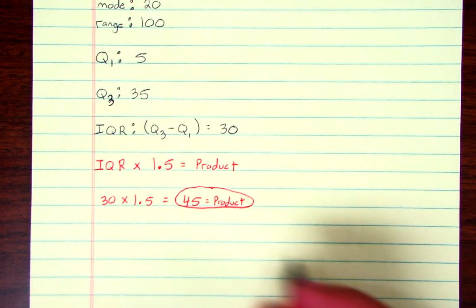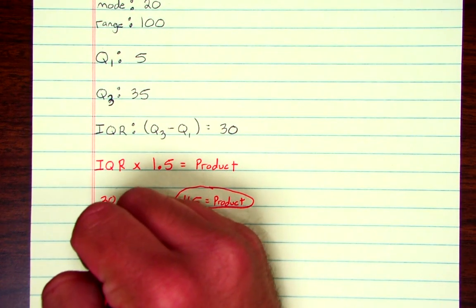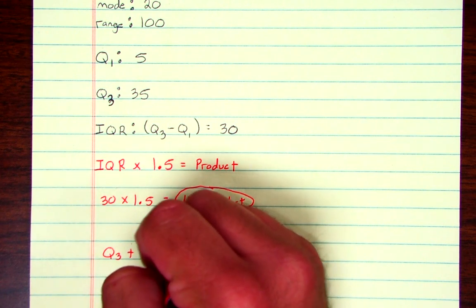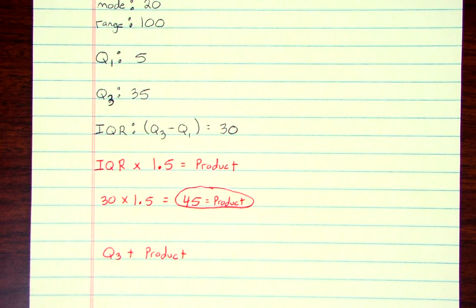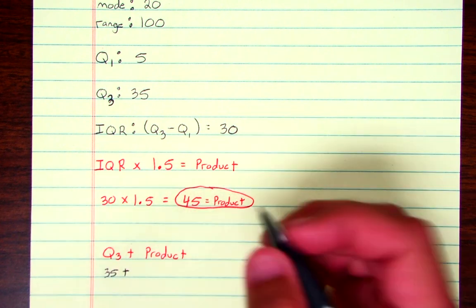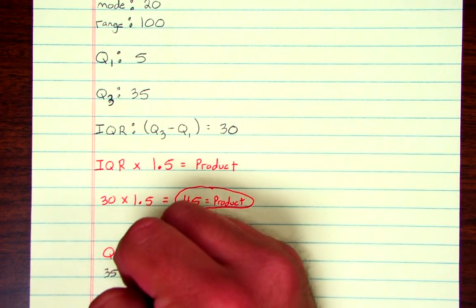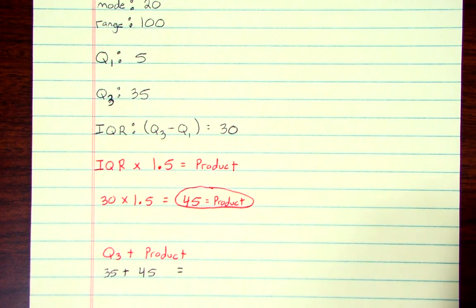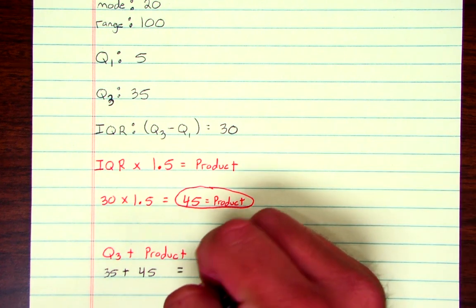Now what you do is you take the Q3 plus the product. In this case, my Q3 is 35 plus my product, which is 45. Well, 35 plus 45 is 80.